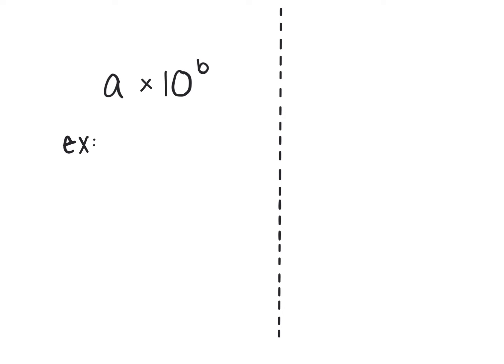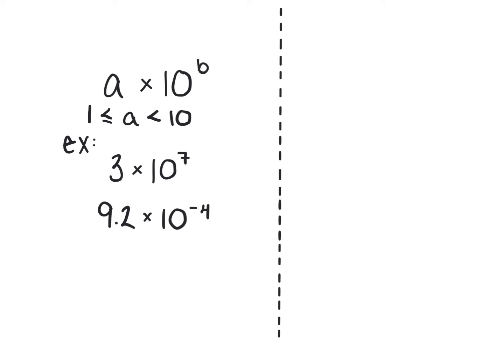Numbers in scientific notation are written as a number between 1 and 10 multiplied by a power of 10. For example, 3 times 10 to the power of 7, or 9.2 times 10 to the power of -4.